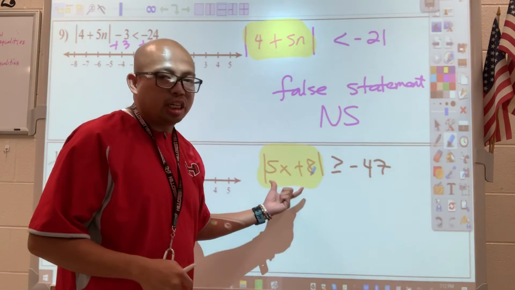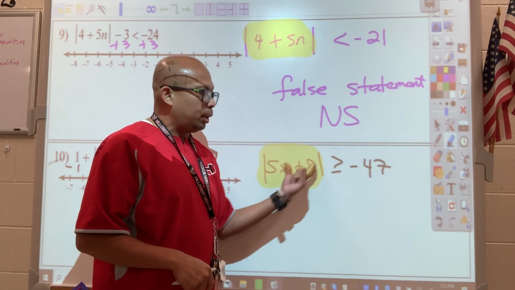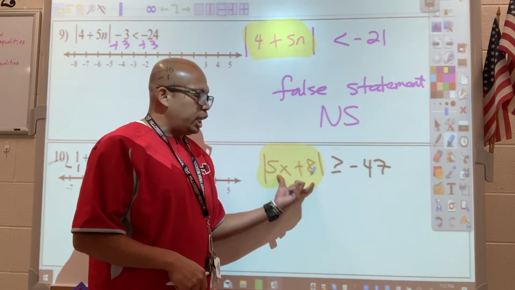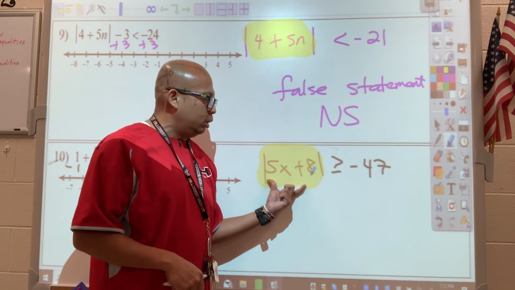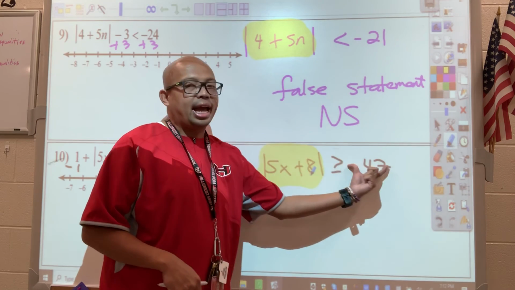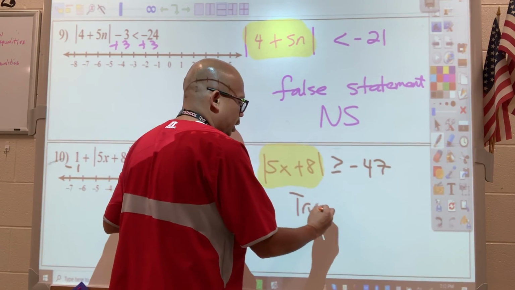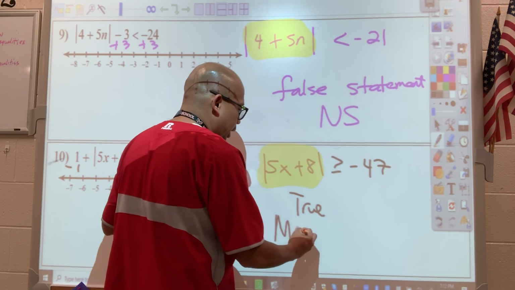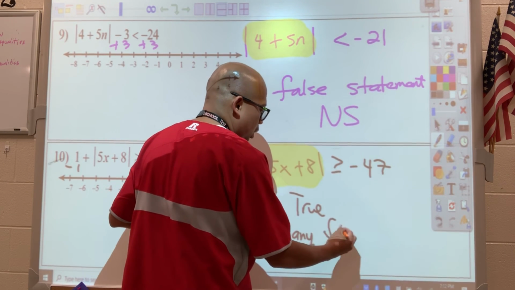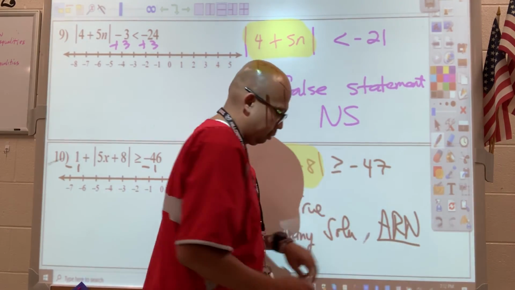The correct answer is that it's always going to give you a bigger number than negative 47, because this will create a positive value and it will always be bigger than any negative number. So since this is a true statement, this will be many solutions or all real numbers.